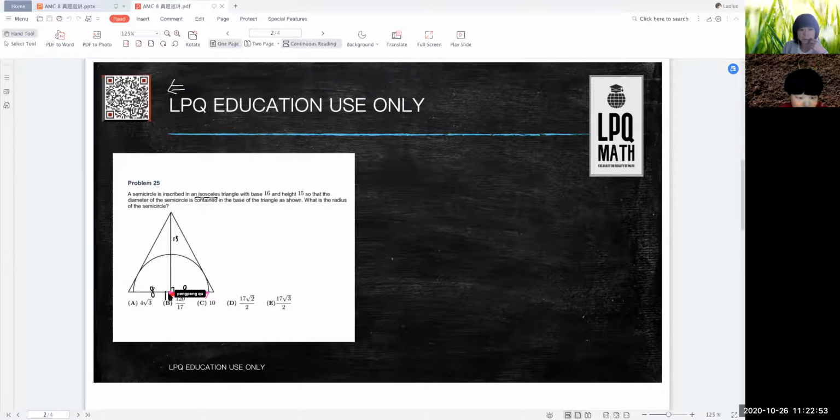Yes, very good. This is the center of the circle because there is symmetry for every single one. Other than this pink line, can you think of another line which also represents the radius? Very good, it also represents the radius.